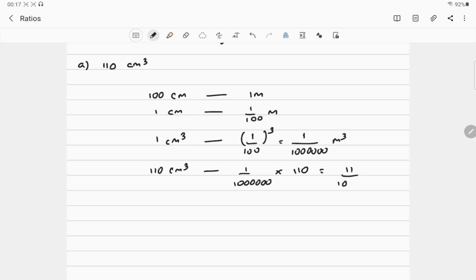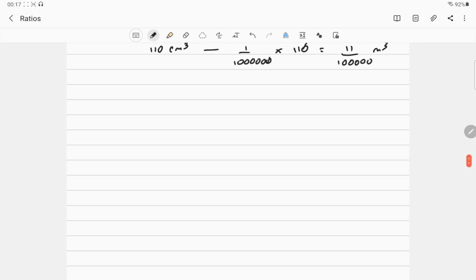Let's not go into representing it as scientific notation. So that's how you do it in meter cubes.